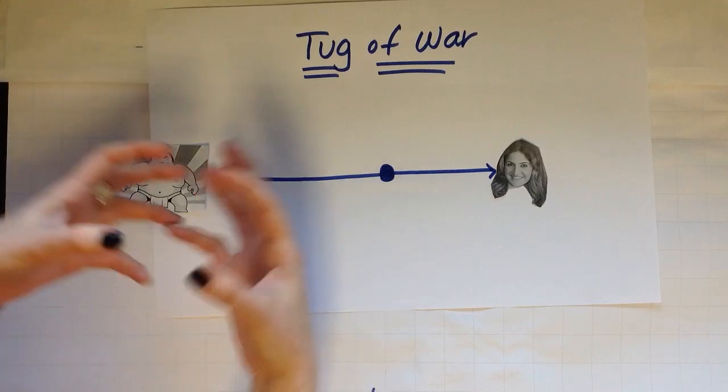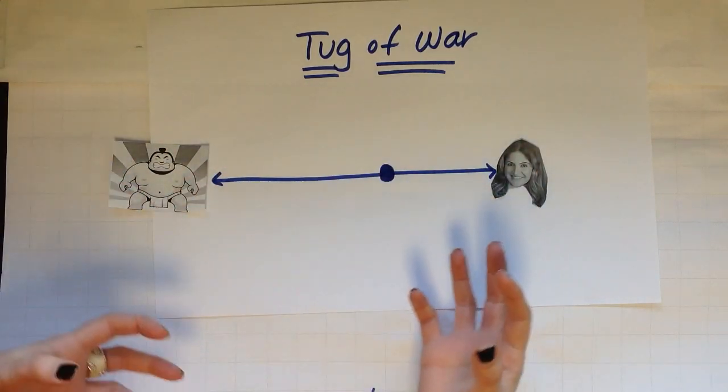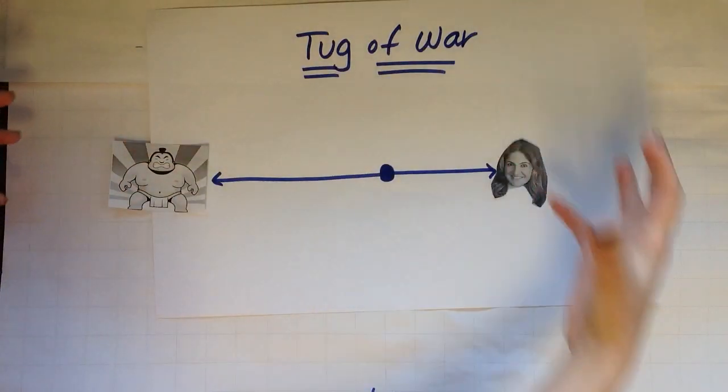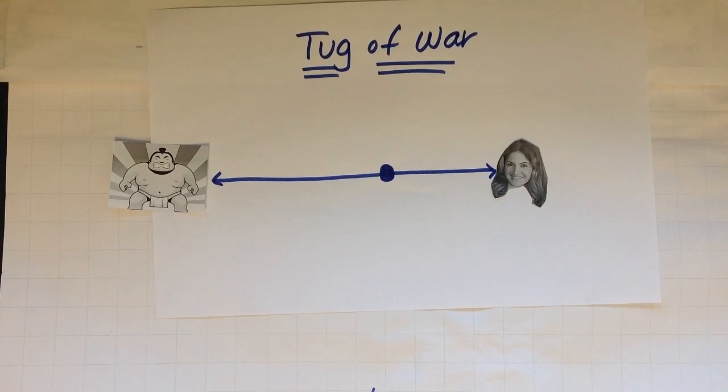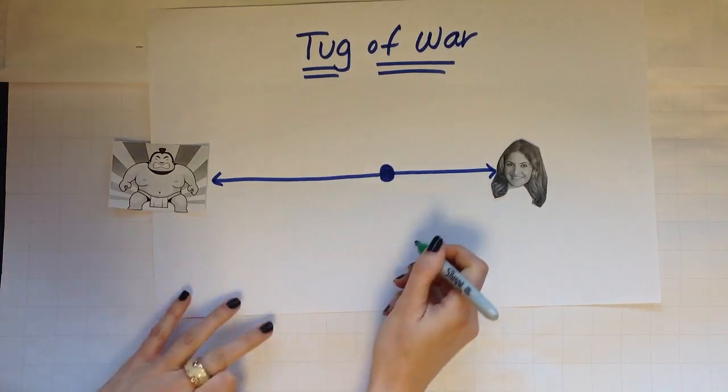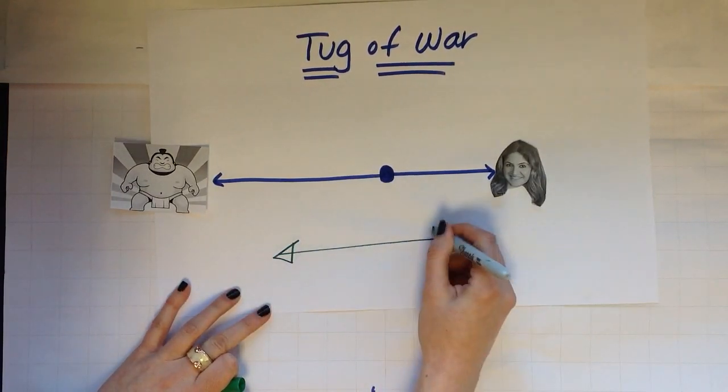In other words, if we're looking at a bond here, and an overall molecule, all of the electrons are being hogged by the sumo wrestler. So if I was to draw this dipole moment, it would go like this.